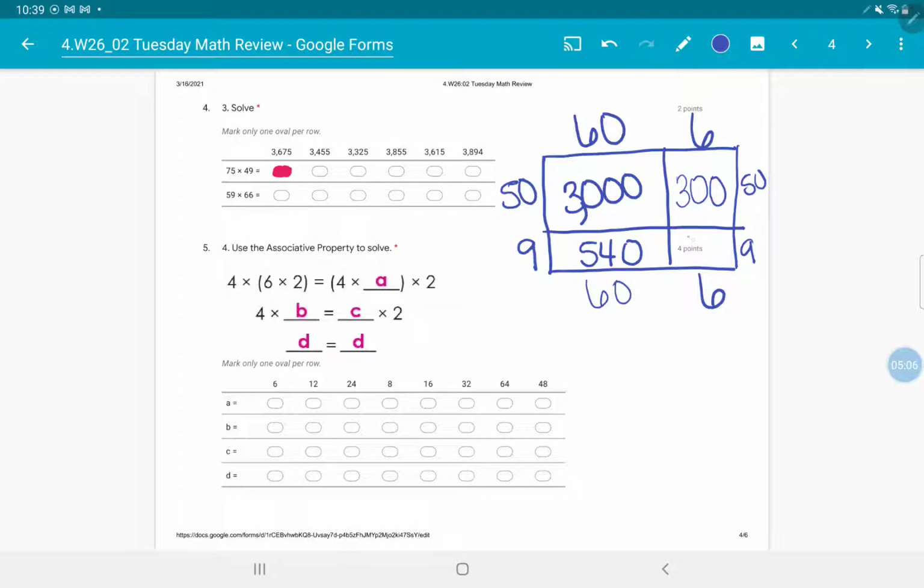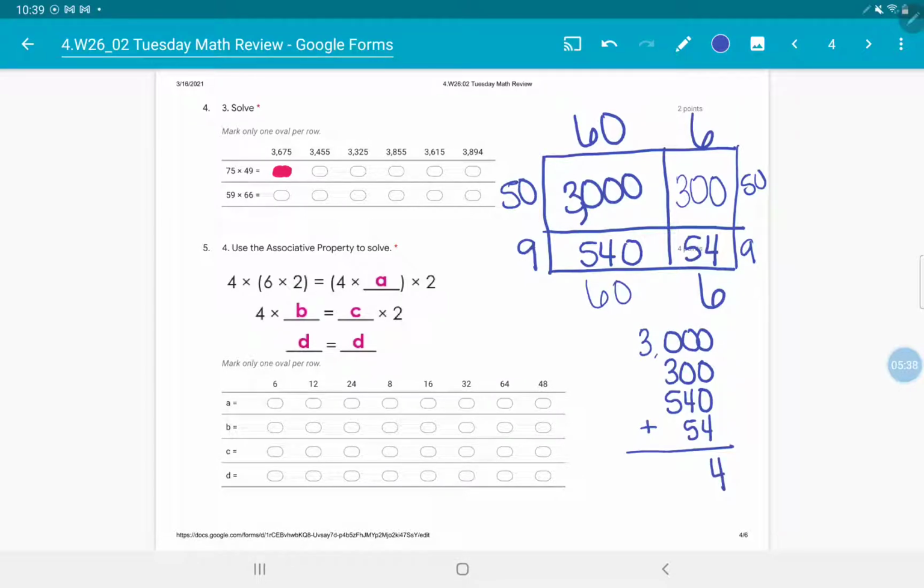Now what do I need to do to find my answer, Harper? You add all of it. I'm going to add all of those parts together. So I have 3,000 plus 300 plus 540 plus 54. If I look at all those ones and I add them together, how many ones would I have? You have 4. 0 plus 0 plus 0 plus 4 is 4.